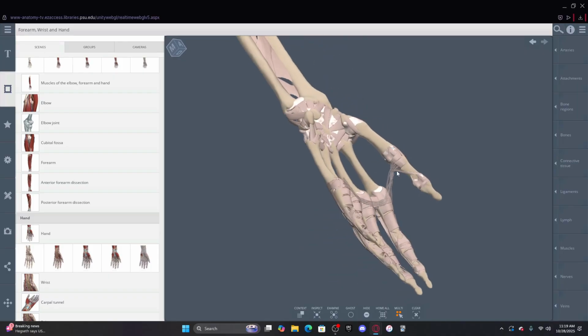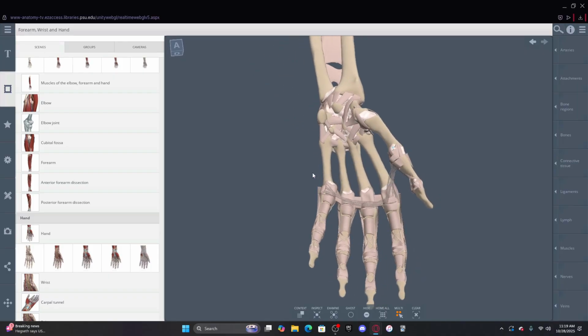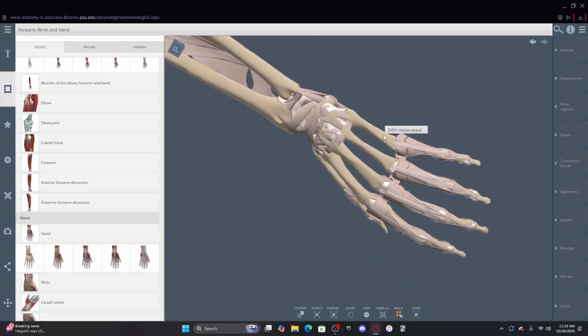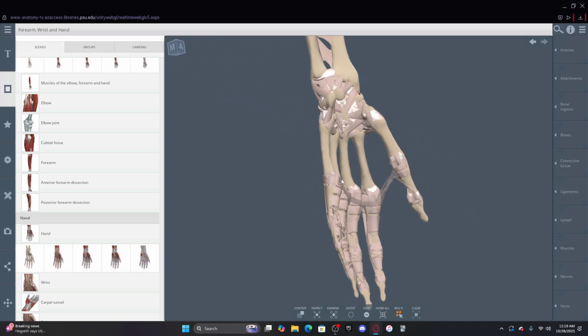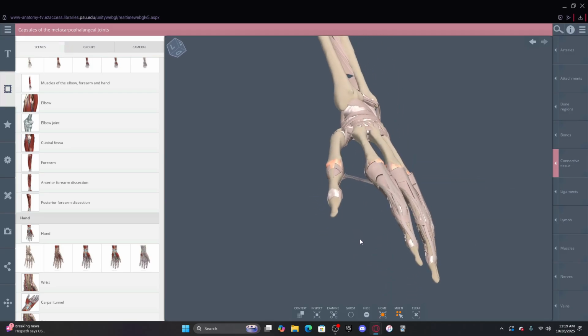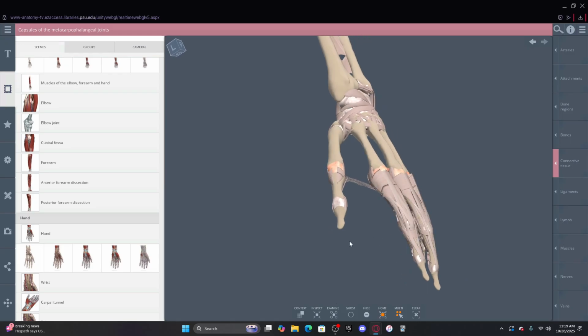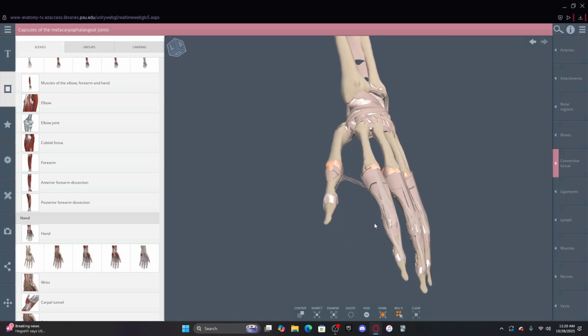So you have your metacarpal phalangeal joints. That would be right here. So imagine you flex those joints, and then you have your interphalangeal joints, or your proximal interphalangeal joints, which are right here.